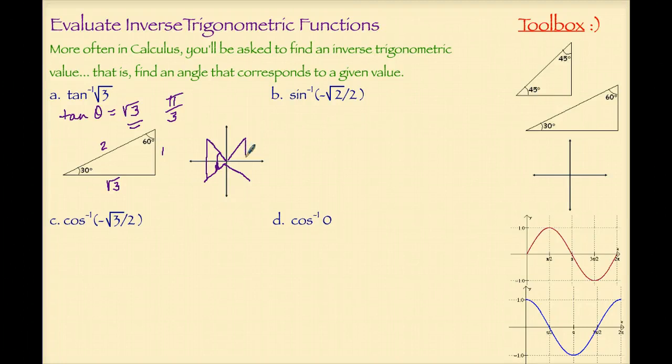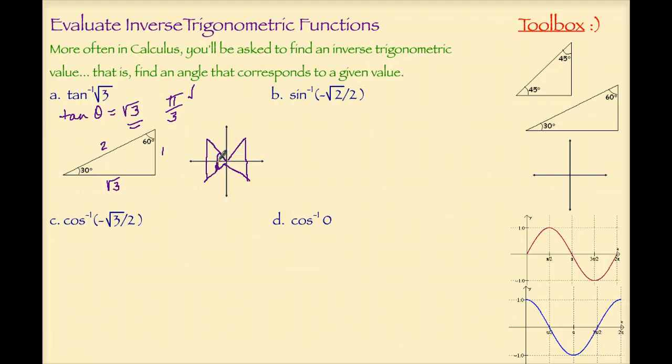Of course, it's positive in the first quadrant, but you can see in the fourth quadrant it is not positive because opposite negative over adjacent positive would give you a negative value. So we discover that tangent is positive in the first and in the third quadrant. So we've listed the angle that shows up in quadrant 1.